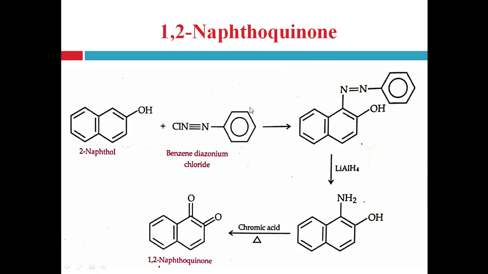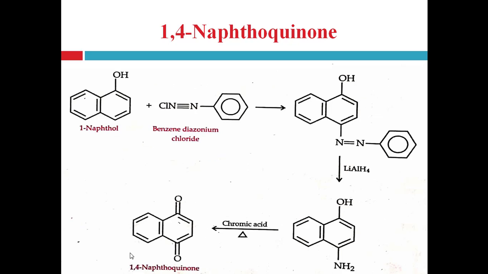This intermediate or compound undergoes reduction with the help of lithium aluminum hydride and forms 1-amino-2-naphthol. Now this 1-amino-2-naphthol when heated with chromic acid produces 1,2-naphthoquinone. So it is the synthesis of 1,2-naphthoquinone.